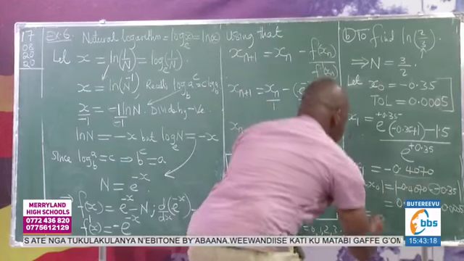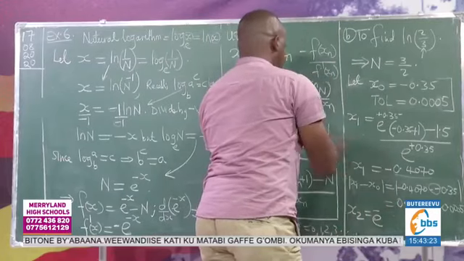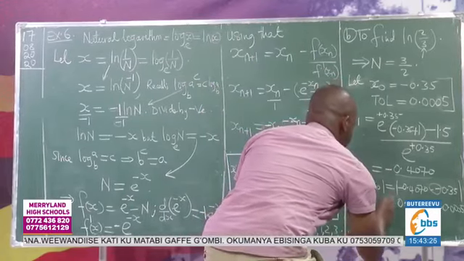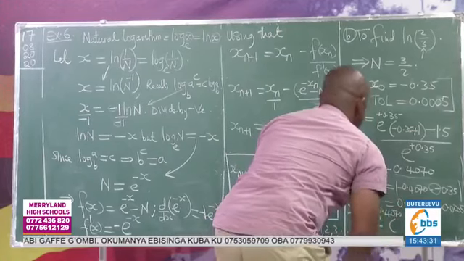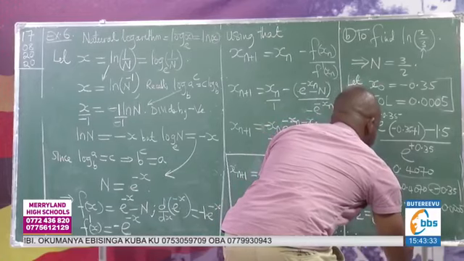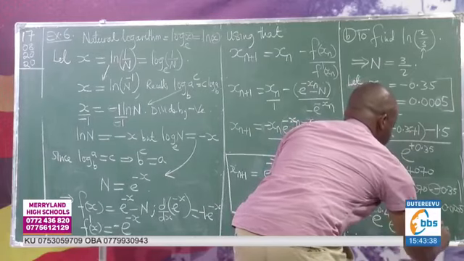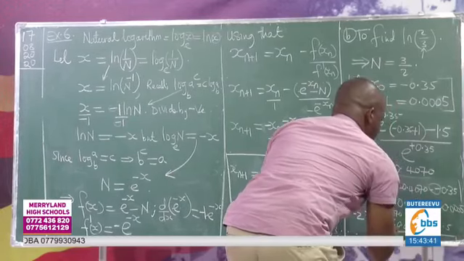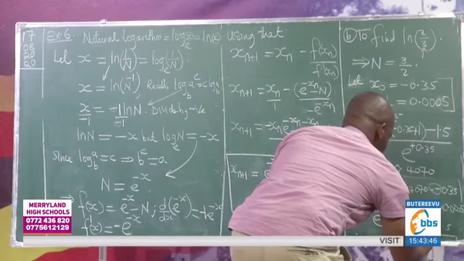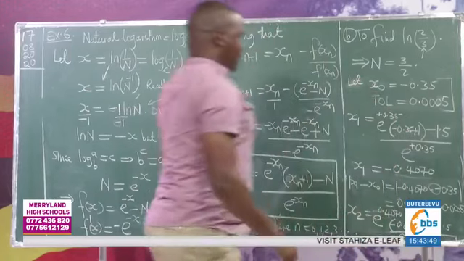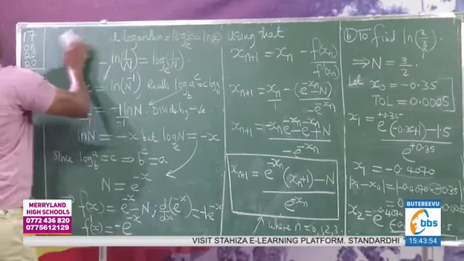So I'll have my e to the negative, this negative will die out, so I'll have 0.4070 all into my negative 0.4070 plus 1 minus our n. Our n is constant, all divided by e to 0.4070. Again, if you compute that, it will give us the value of x2.